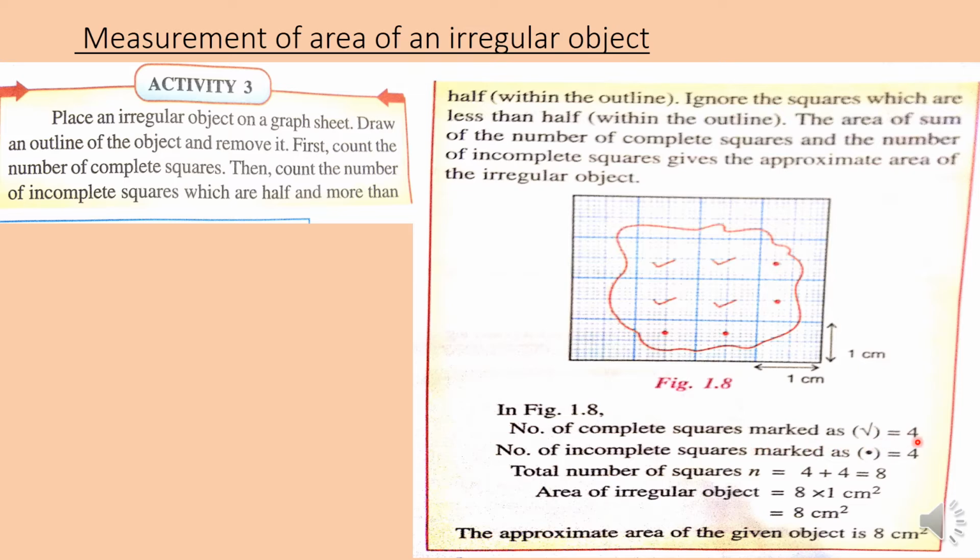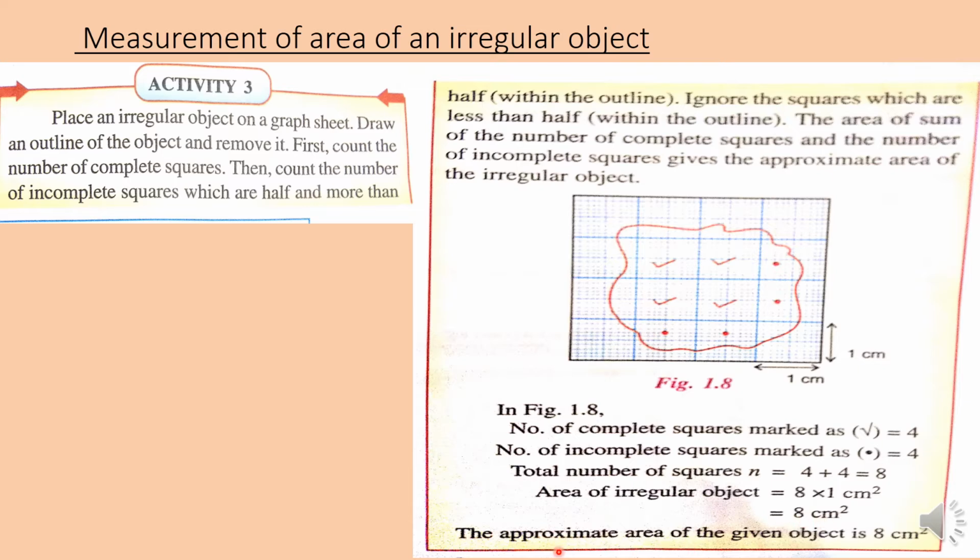These are 4. Number of incomplete squares, marked as point. These are also 4. So total number of squares equals 4 plus 4, that is 8. So the area of the irregular object equals 8 multiplied by 1 centimeter square, equals 8 centimeter square.